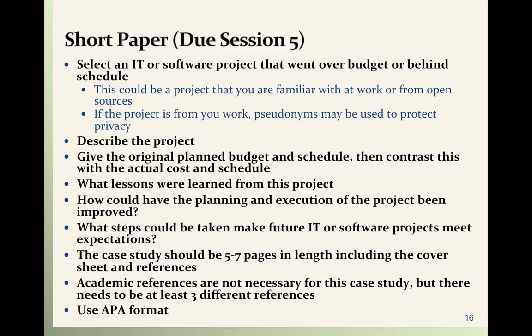Describe the project, give the original plan, budget, and schedule, then contrast this with the actual cost and schedule. What lessons were learned from the project? How could the planning and execution of this project have been improved? What steps could be taken to make future IT or software projects meet expectations?